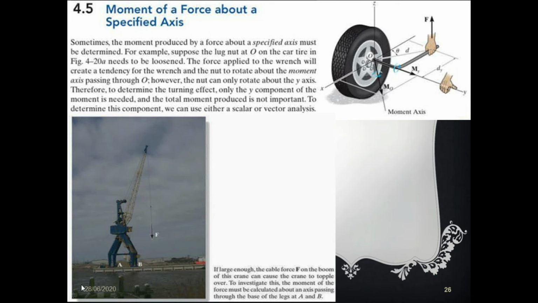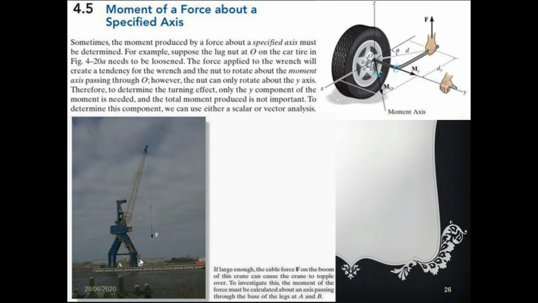To investigate this, the moment of this force must be calculated about an axis passing through the base of the legs at B. Even though this force is huge, to do it correctly we have to calculate the moment of this force about the axis passing through A and B. This is a very practical example in real world problems.